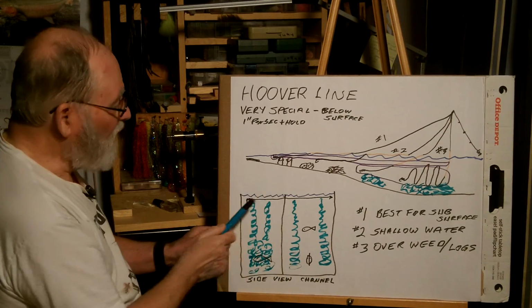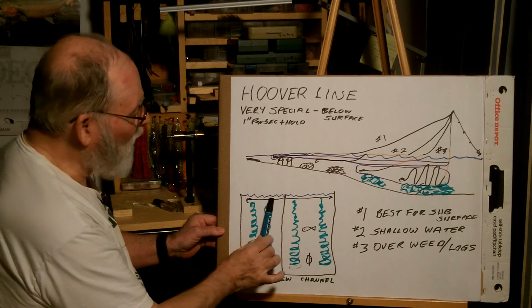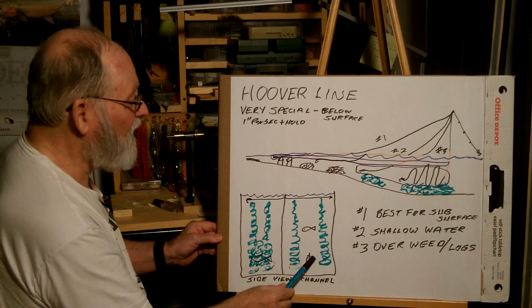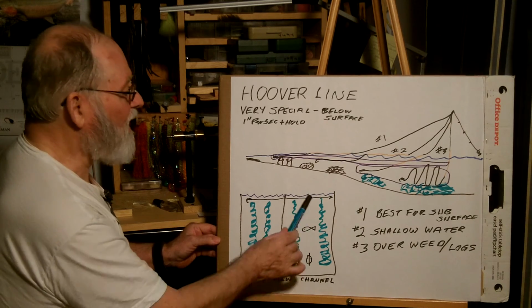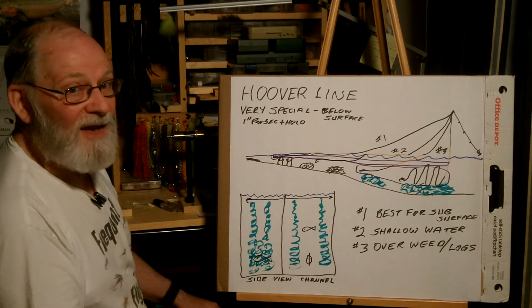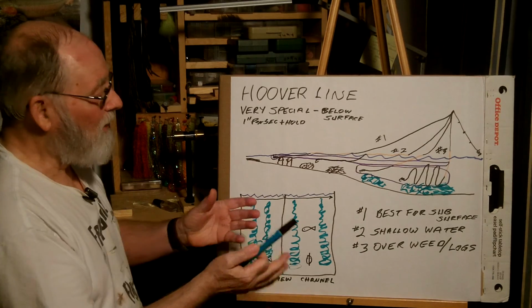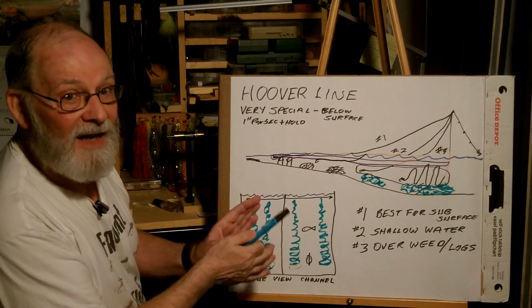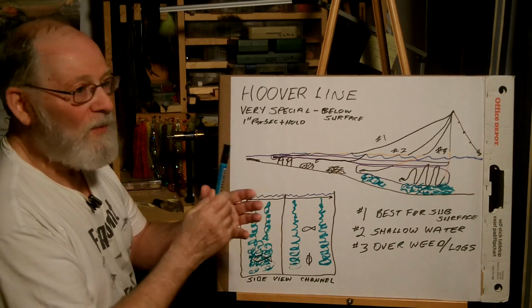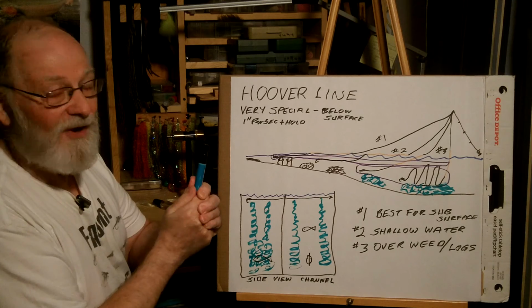The hover line allows you to pull a fly right over the top of these weeds, so the fish that's down below, like this, sees that fly and he just comes right up and grabs it and goes right back down. And this is the only line that I've found that's been effective. Now, some people try using dry line over the top, and that can work, but then again, it's only for a dry fly.